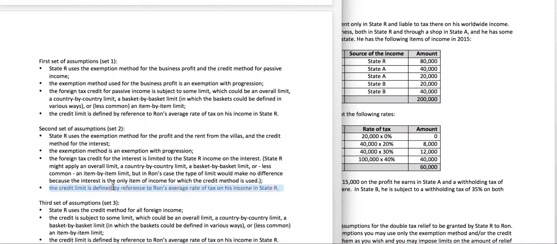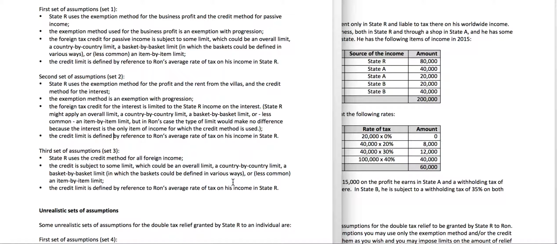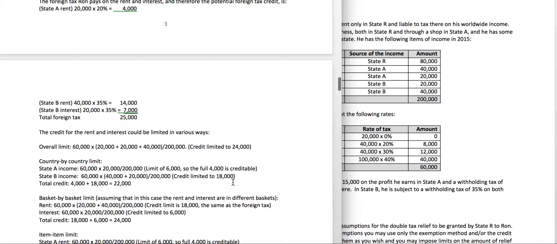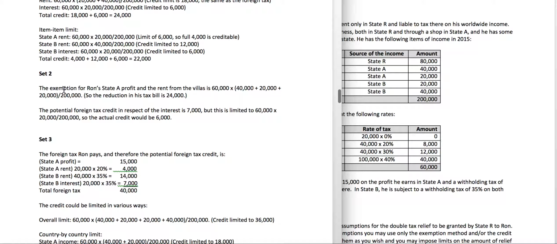And the credit limit is defined by reference to Ron's average rate of tax on his income in state R. So go down to set 2. Exemption for Ron's state A profit and the rent from the villas is 60,000 times 40,000 plus 20,000 plus 20,000.